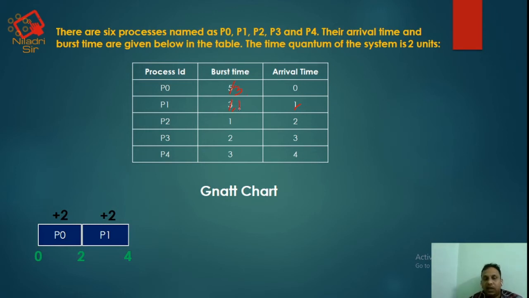Next P2. P2's burst time is less than the quantum time, so it will execute for its burst time. So P2 will execute for 1 microsecond.